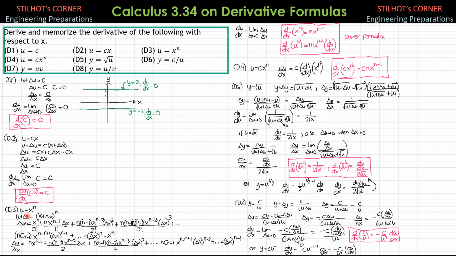Next, D.3, u equals x to the n, so u plus delta u equals quantity x plus delta x to the n. You must know how to expand binomials raised to a certain power, let's say raised to n in this case in general. So this would be the expansion.